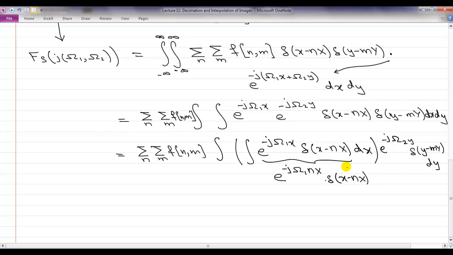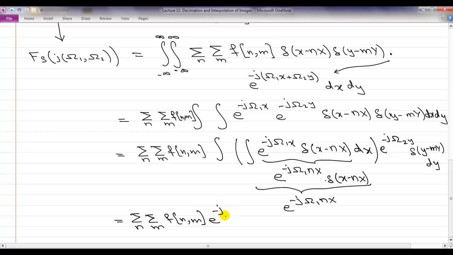And since the integration of an impulse is 1, this whole thing reduces to simply e to the minus j omega 1 nX. And similarly, I can do the same for this other integral, which is a function of y. And the net effect is that I get the sum over n, m of f[n,m] e to the minus j omega 1 n capital X times e to the minus j omega 2 m capital Y.